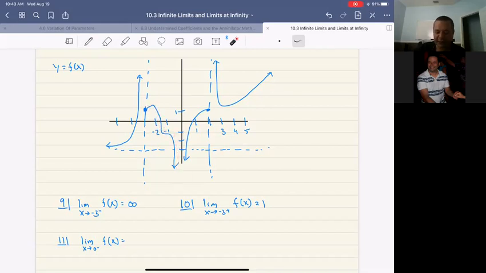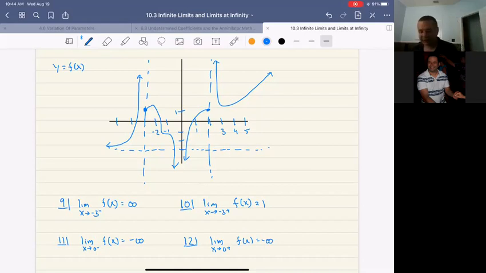So it's going to be negative infinity. And you can guess the next one. What's the limit as x approaches 0 from the right of f of x? As x approaches 0 from the right, we're coming along this path down to negative infinity.